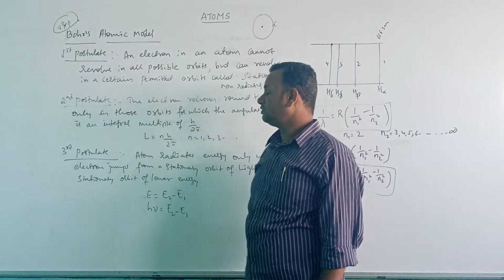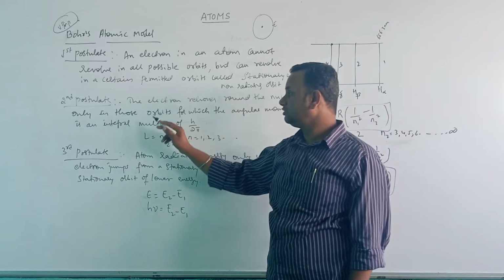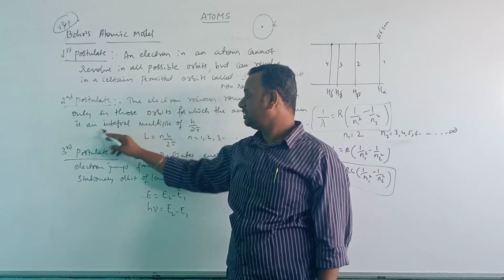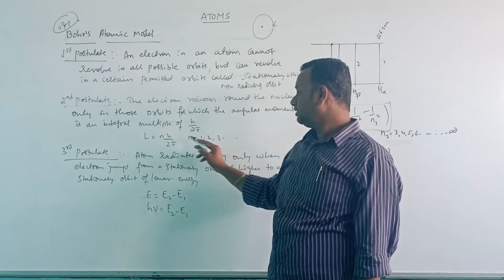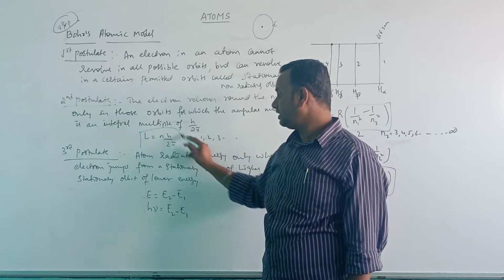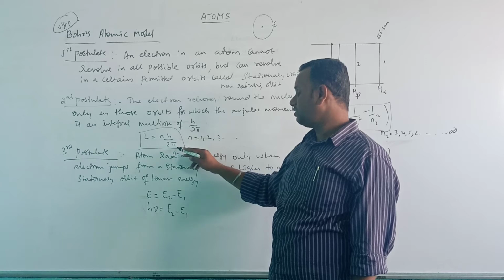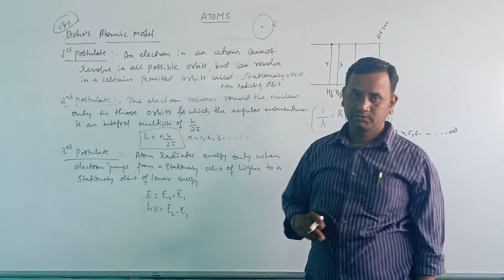Second postulate: the electron revolves around the nucleus only in those orbits for which the angular momentum is an integral multiple of h by 2 pi. Here L is the angular momentum, L is equal to nh divided by 2 pi, where n is equal to 1, 2, 3, and so on.